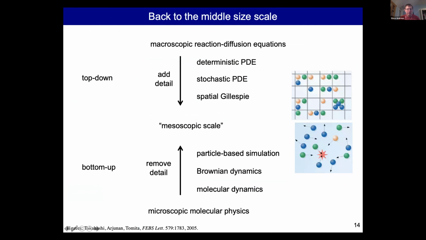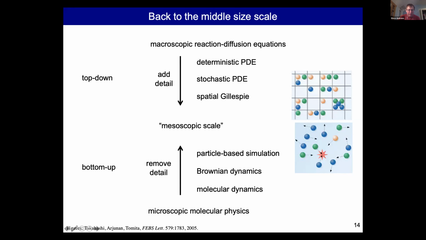So back to the middle size scale, there are two approaches to getting to this middle size scale, which, by the way, is a term I use here but dislike, because middle size scale could be anything depending on the field you're in. But in this field, middle scale often means roughly one cell size scale. One approach is to go for this coarse lattice approach and add in detail. You start with the PDE, you add stochastics, then it's called a spatial approach, and you add more and more detail and get down to this cell size scale.